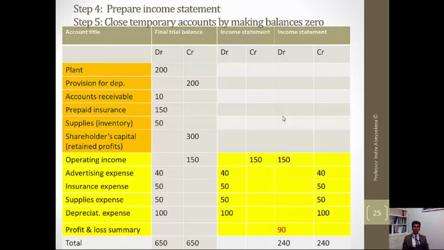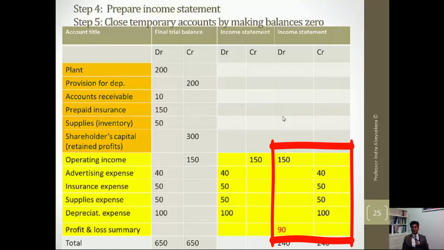Step 5 is to close temporary accounts. Temporary accounts are income and expenses, dividends, drawings, and also the profit and loss summary. So first, let's close the income accounts and the expense accounts.